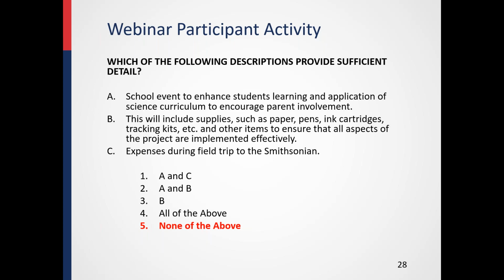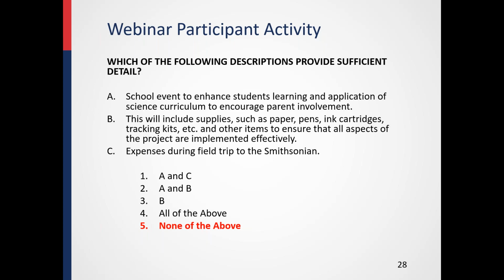So the items that were purchased for the event, for example, flip charts, markers, Post-it notes, and welcome signs or something like that, are all things that were actually purchased for this event to encourage parent involvement in the science curriculum, right? So you have to name what was actually purchased as a part of the description, as well as its connection to the 21st century program.